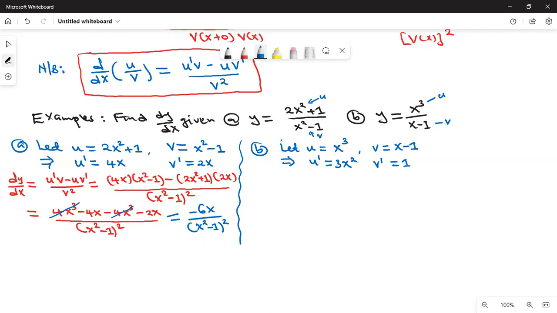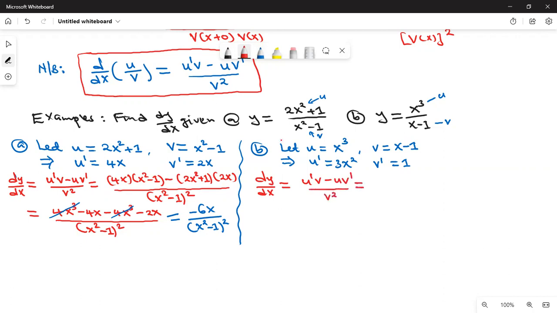So now again use the quotient rule: dy dx should be equal to u prime v minus u v prime, everything over v squared.